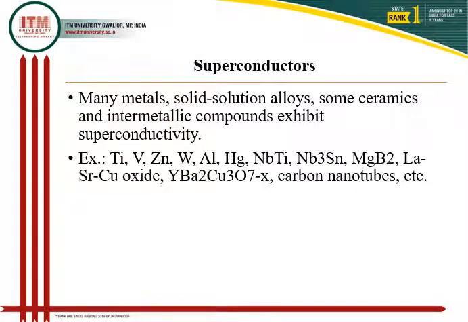Many metals, solid solution alloys, some ceramics, and intermetallic compounds give this behavior called superconductivity, like titanium, vanadium, zinc, aluminum. Of course, the temperature is different for different materials. Now, we have shown here NbTi, Nb3Sn, MgB2, then the lanthanum series, then the yttrium series, and carbon-based groups have recently shown this behavior.